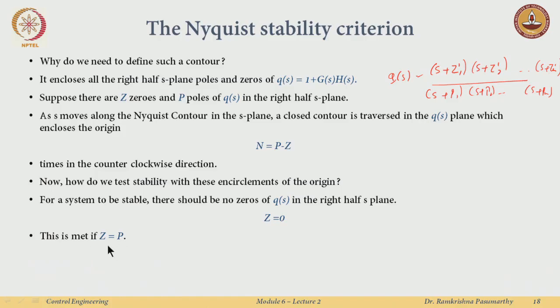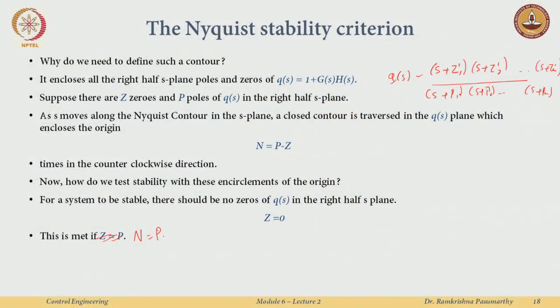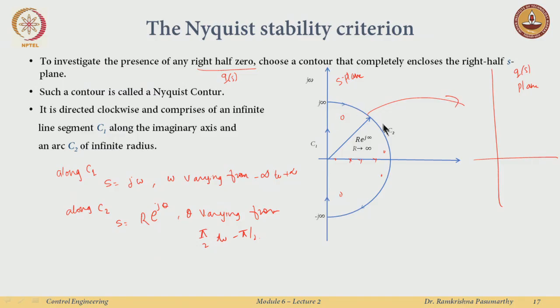Okay. Now, this is met if the number of encirclements is p, it is not z, it is n. Okay. Z is anyway 0. So, if the number of encirclements in the counterclockwise direction, this is n, is equal to the number of poles of Q(s) in the right half plane, because my contour is just the right half plane.